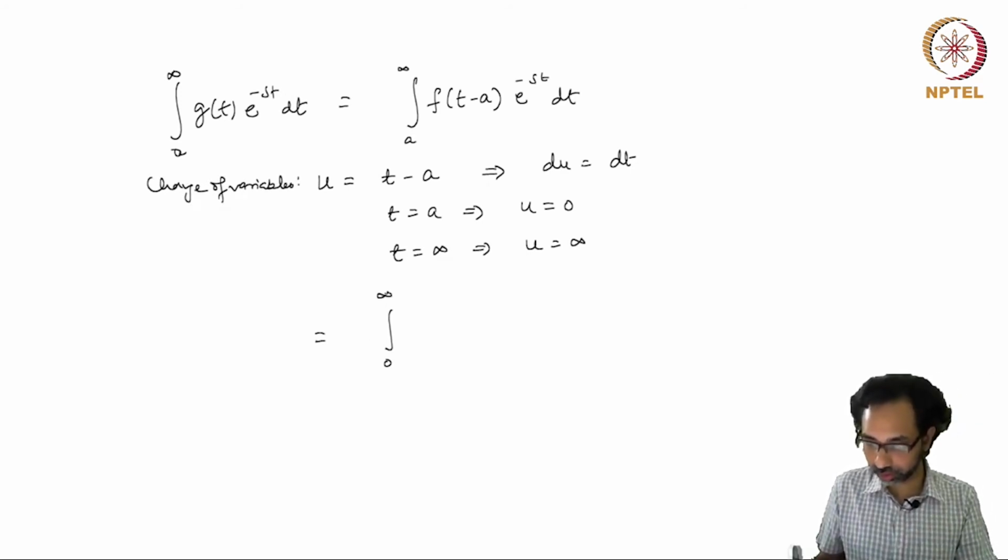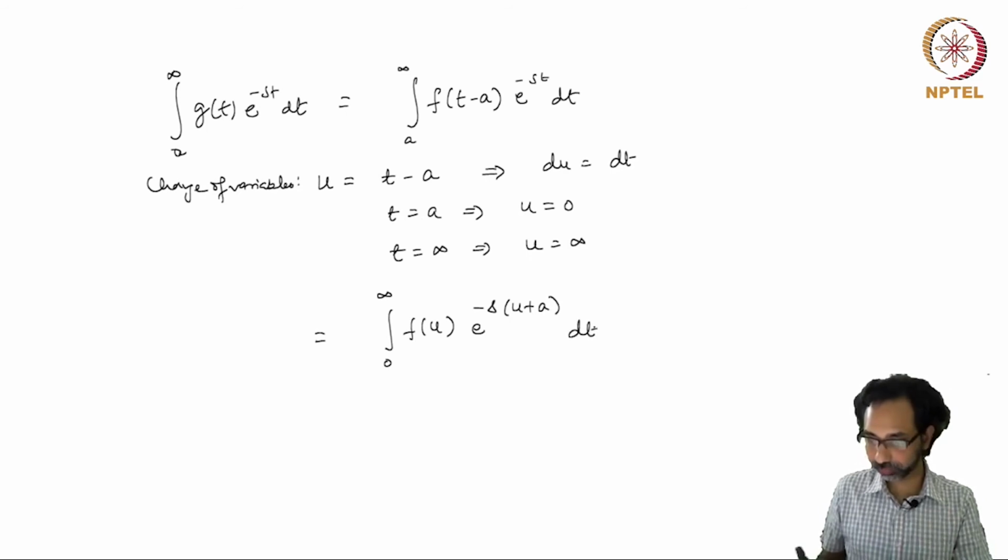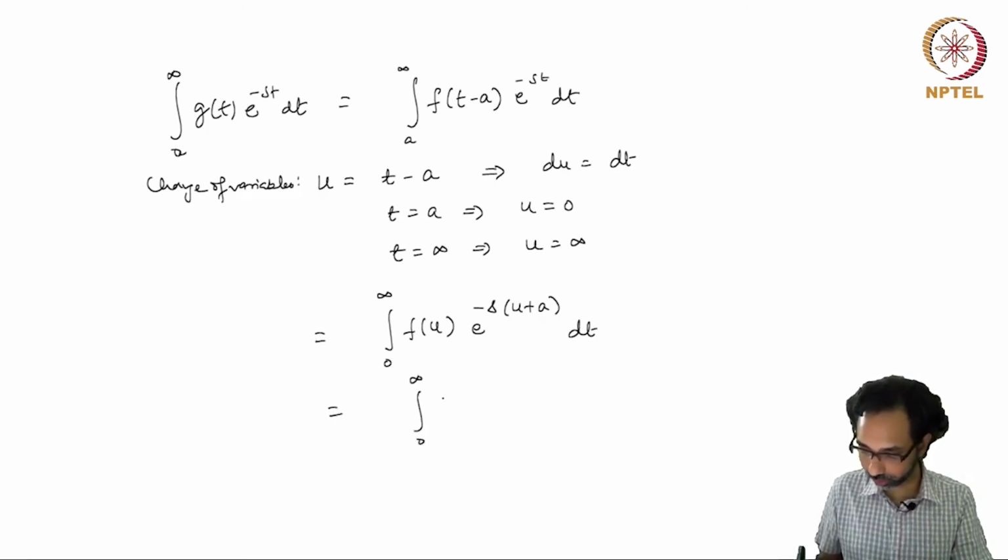So now we can write this integral as the integral from 0 to infinity of f(u) exponential of minus s times (u plus a) dt. Note that this is equal to the integral from 0 to infinity of f(u) exponential of minus as times exponential of minus su du, and now you can simply take this outside the integral.